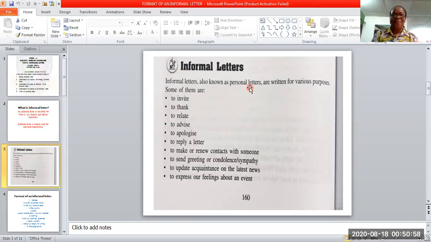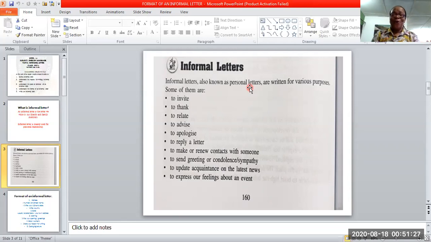I give you an example. We can write an invitation letter. We can write a letter to invite grandma. Grandma does not stay with you, right? Okay. For those of you whose grandmas stay far away from you, you can write a letter to invite her to come over to your house.